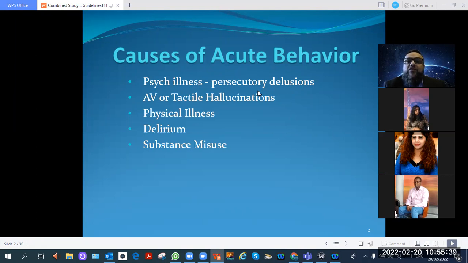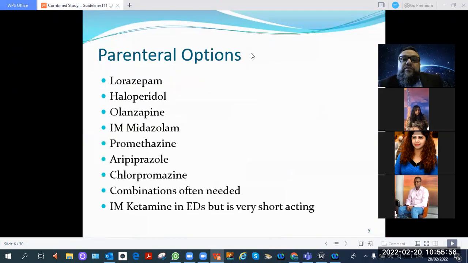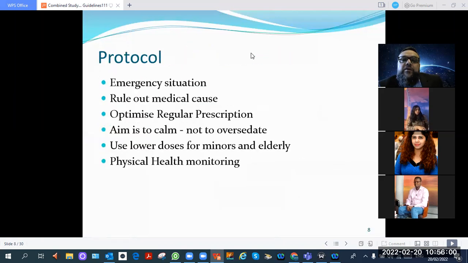So this is called the validation technique. You have to empathize and validate. This is verbal de-escalation, and then coming back to the protocol.